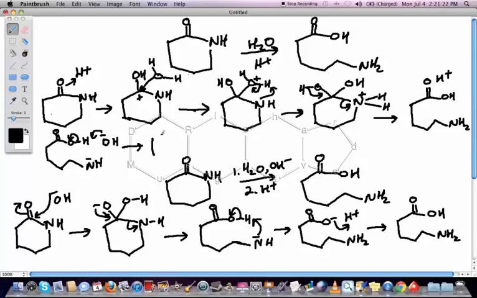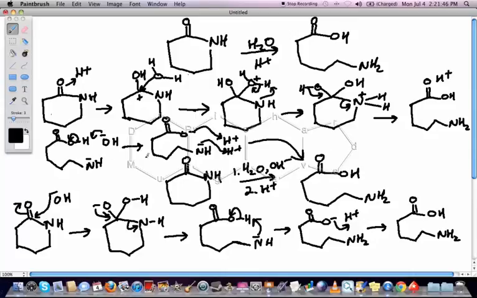It's more likely the N negative will take it just right there. And then we can add the H plus in the second step, enough to neutralize both of these, and then we end up with our product.